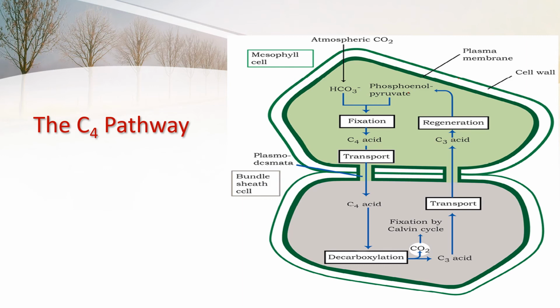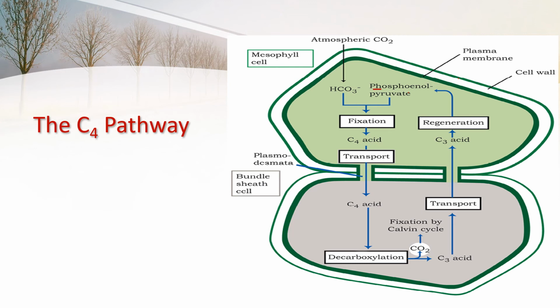The 3-carbon molecule is transported back to the mesophyll cell, where it is converted again to phosphoenol pyruvate. So this cycle is repeated.